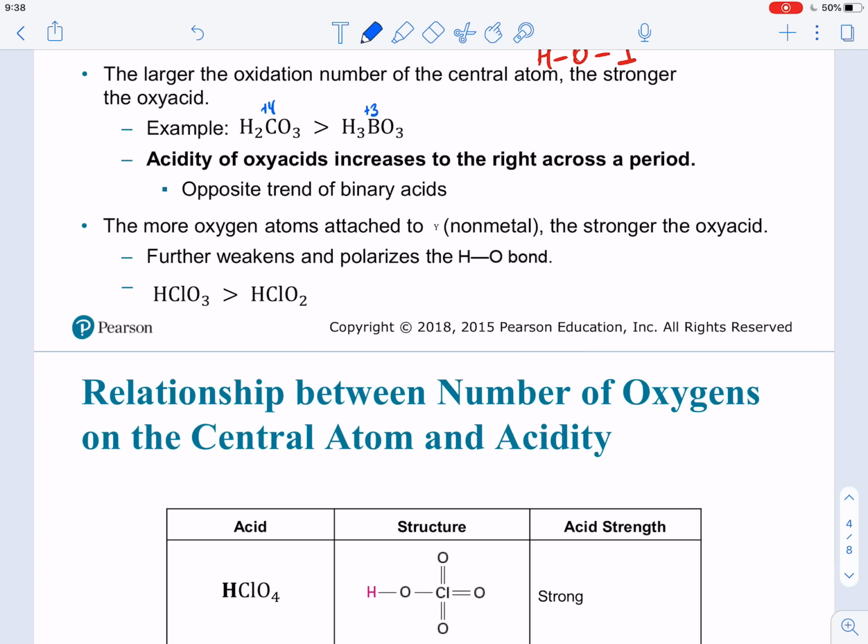But carbon is going to be more electronegative than boron, so to speak. Therefore, you will see that this acid is stronger.